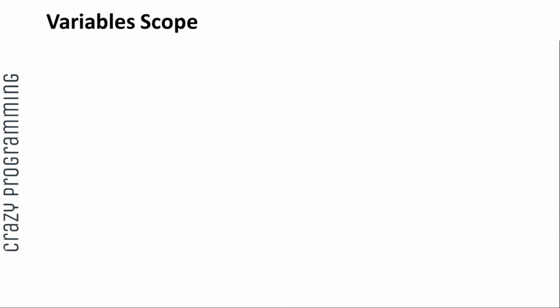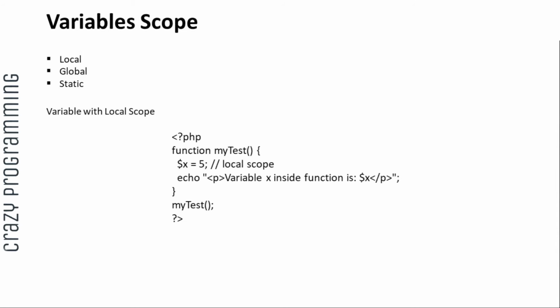Now we will go with variable scope. There are three types of variable scopes: local, global, and static. First we will understand variables with local scope. As you can see in the example of variables with local scope, we started the PHP and then we created a function, myTest.